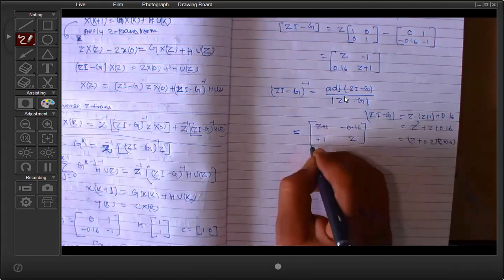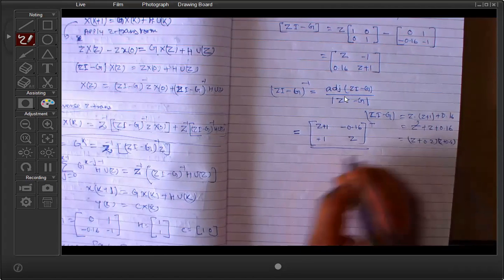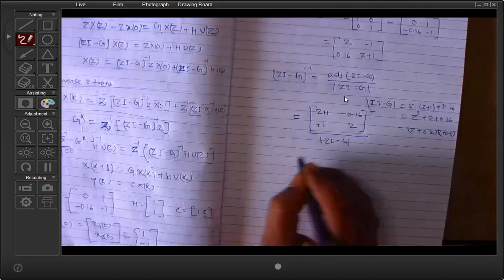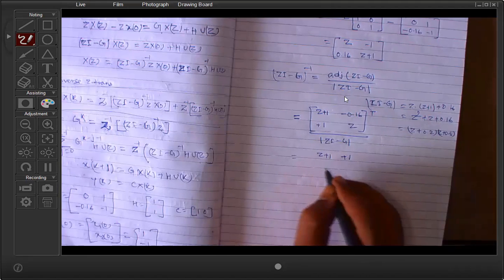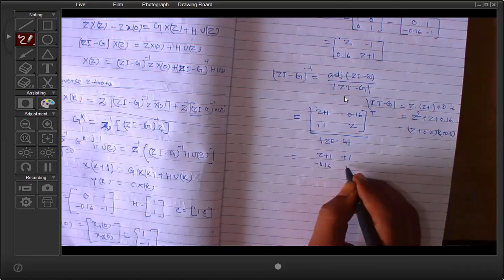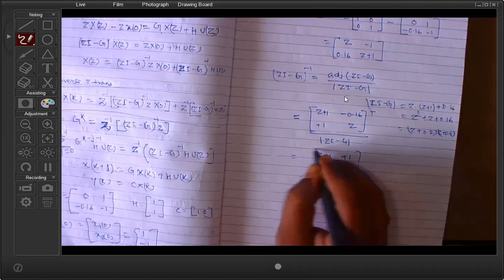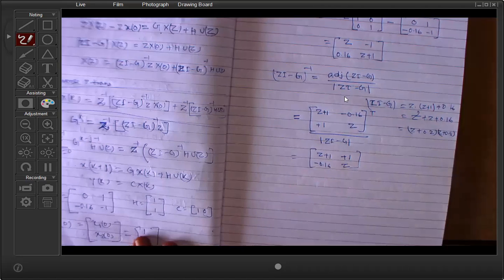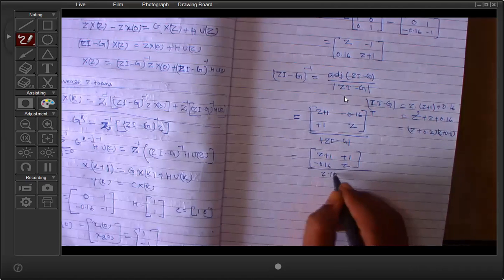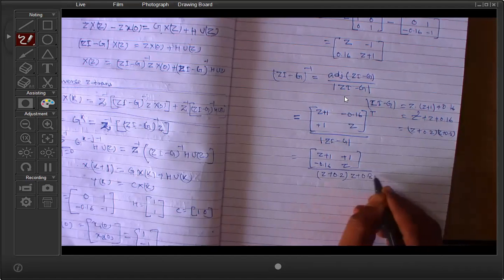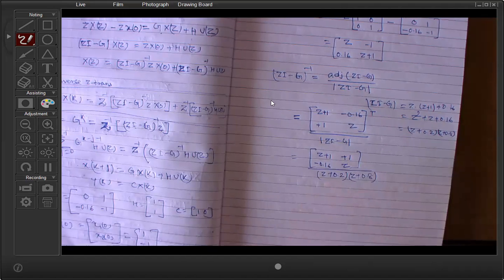Now we have to take the transpose, divided by the modulus of ZI minus G. So this transpose becomes [Z plus 1, -1; -0.16, Z]. Yes or no? Yes, sir. Divided by (Z plus 0.2) into (Z plus 0.8).